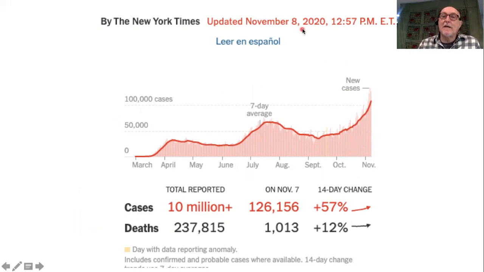The latest data point here was November 8th when I pulled this graph off the web, and you can see very easily what the progress of this epidemic in the United States has been.